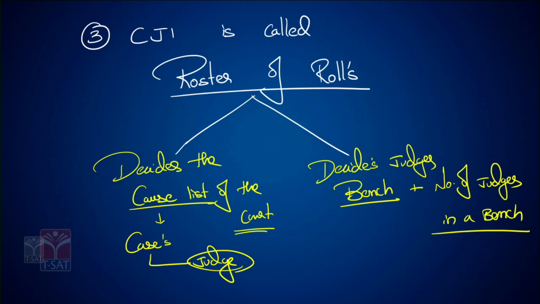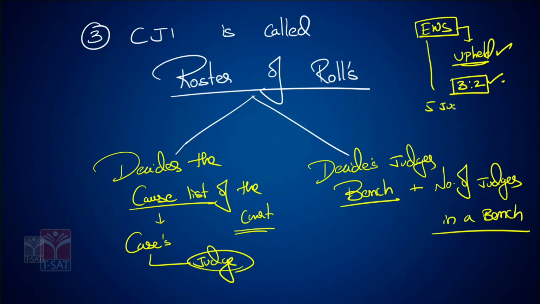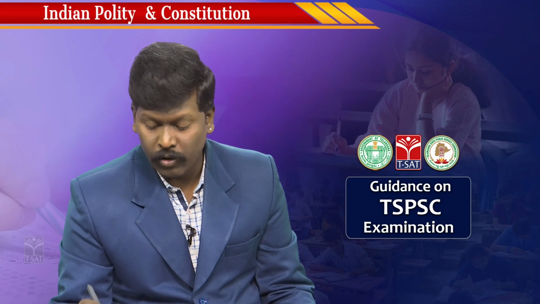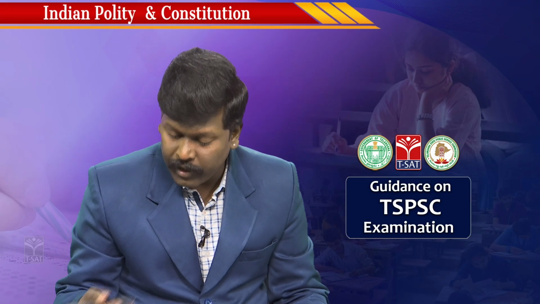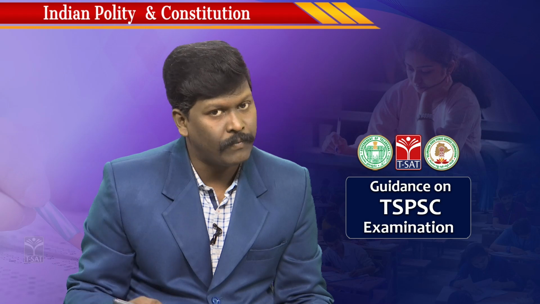You hear in the news, even recently, the economically weaker section reservation, which the Supreme Court has upheld with a 3:2 majority, meaning there is a 5 judges bench where 3 judges said yes, 2 judges said no. You should understand what a judges bench means.